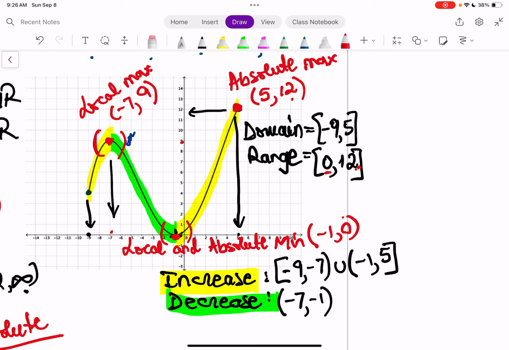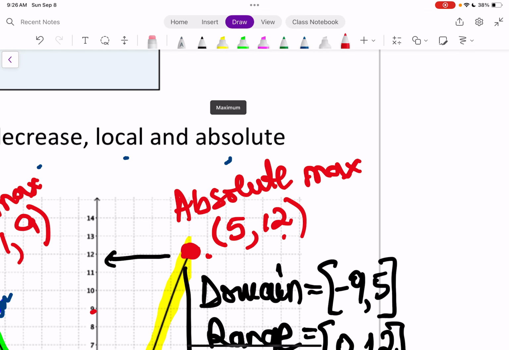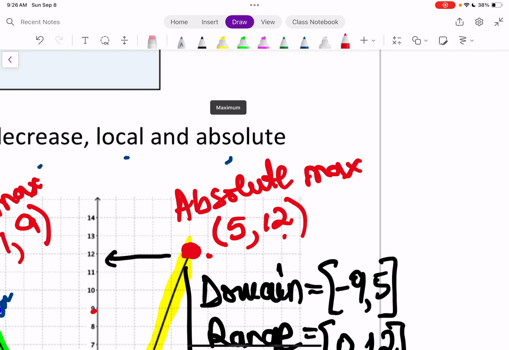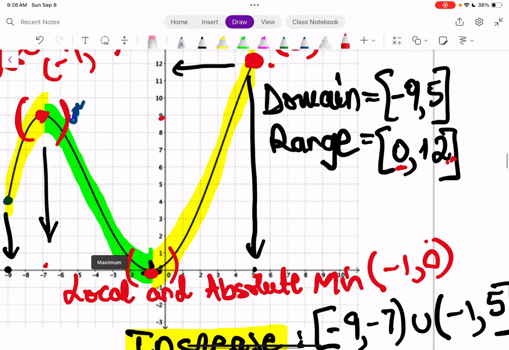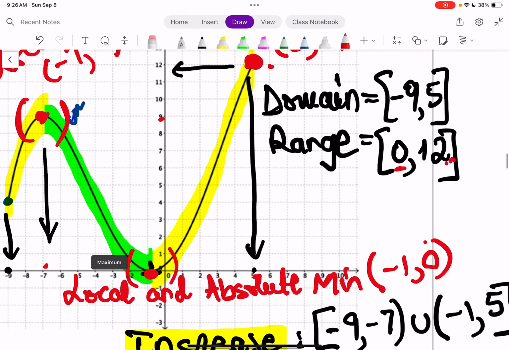As I look at left and right, it's the highest point in its neighborhood. There's nothing to the right of this absolute maximum, so it has no neighborhood around it where this is the highest point around. It is just the highest point coming in from the left. So technically not local. This one's the lowest point in its neighborhood as you look left and right.